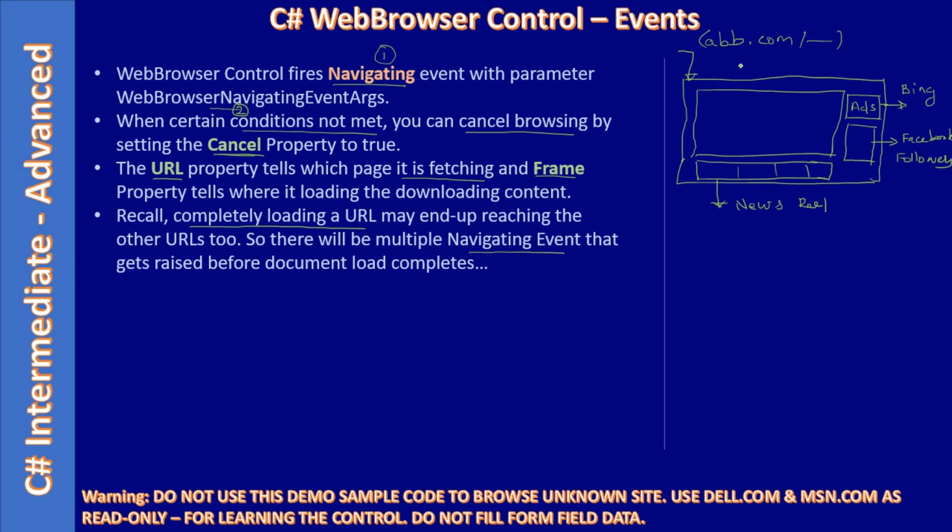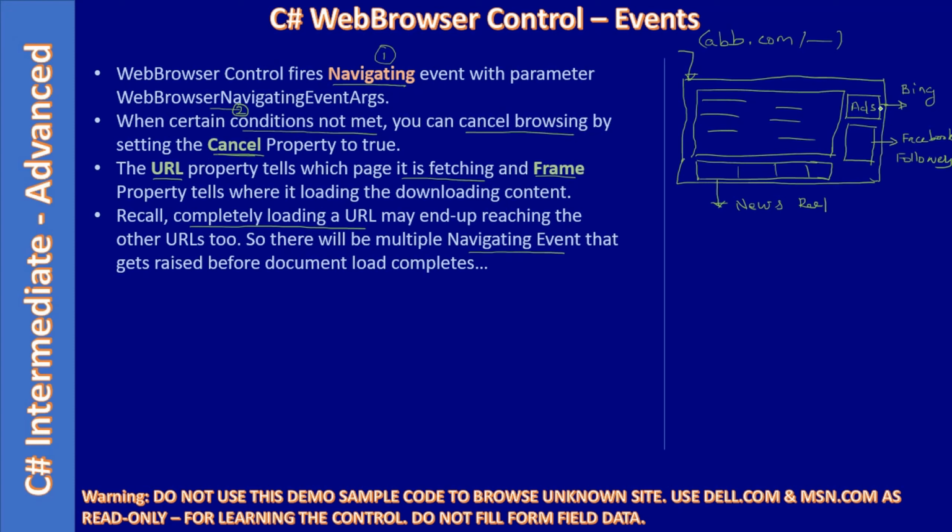So if you see here, the page which the user typed in the address bar is abb.com. But to load the HTML document, the initial page location is the requested document, which comes from abb.com itself.